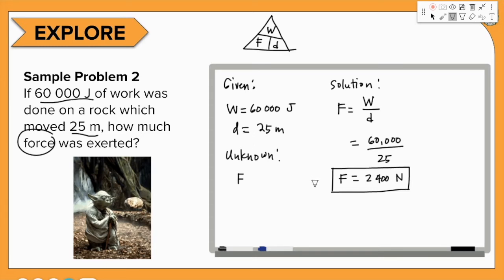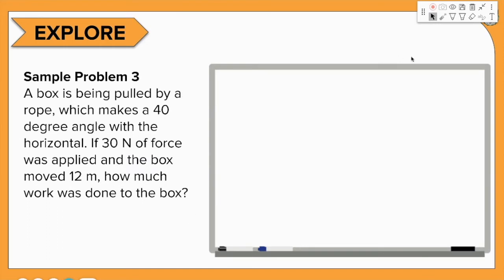Okay, so I hope this is clear. Let us now go to sample problem number 3. Sample problem number 3 is this: a box is being pulled by a rope which makes a 40-degree angle with the horizontal.